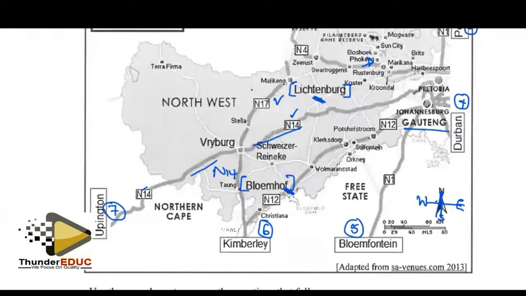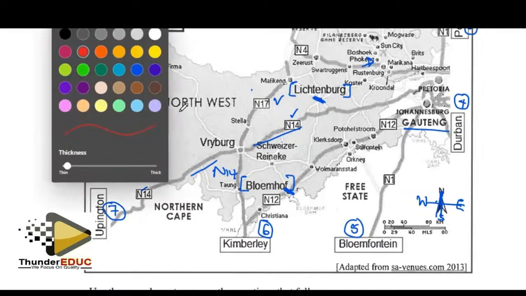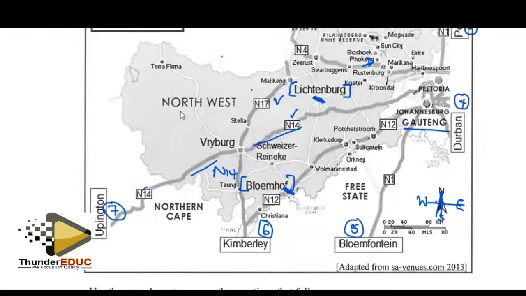What you do now, I'm going to just show you something small. You get your ruler, then you measure this distance here with a ruler. You measure it from this place to this place.